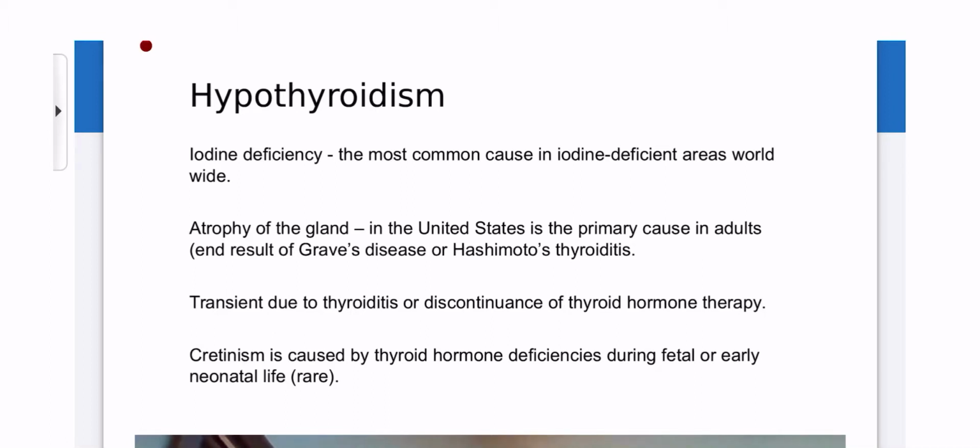If it's infection, then it's something that we can fix usually. And cretinism you'll talk about in peds and OB, but this would be when mama doesn't get enough thyroid function during pregnancy.